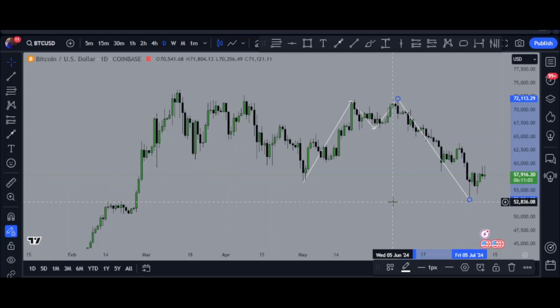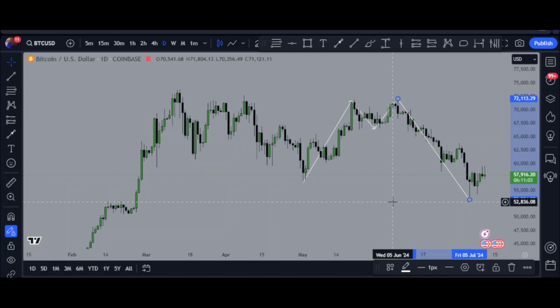There is a flag pattern as well. There's a cup and handle as well. Let me see if I can find any of the patterns over here. Yeah, you see the flag pattern, but these are subjective, guys. So you need to be careful when you're trading.